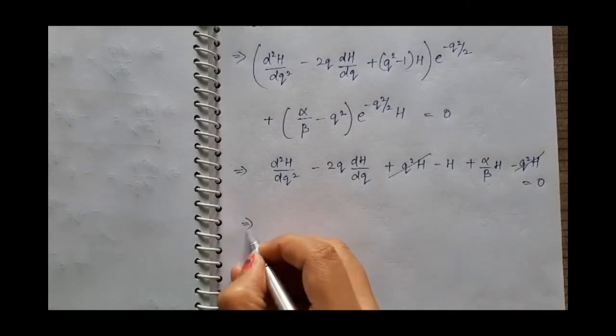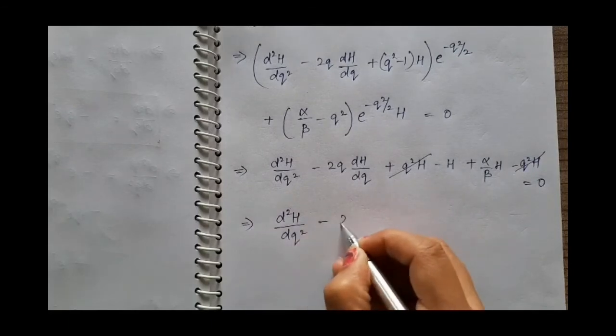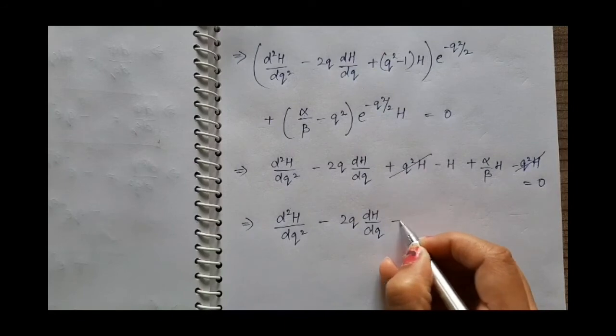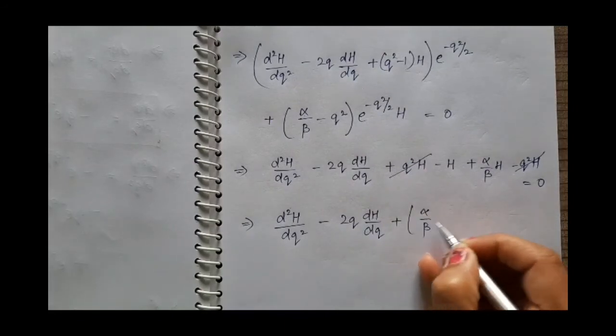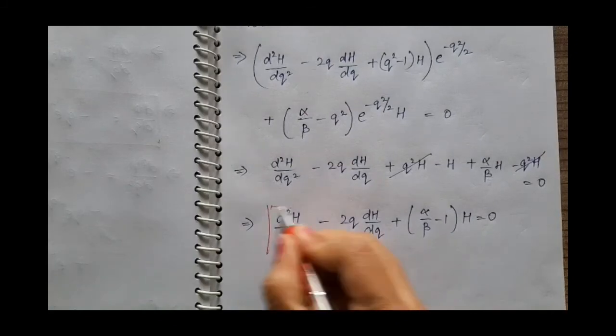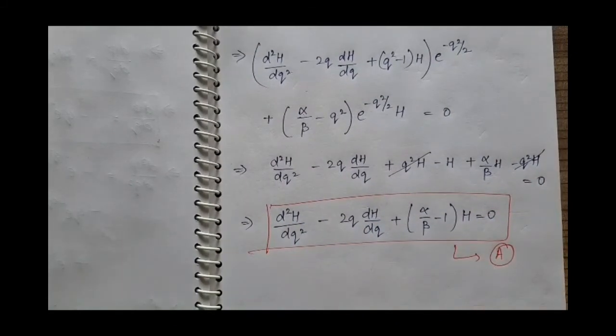So we have d square h by dq square minus 2q dh by dq plus alpha by beta minus 1 h equal to 0. Suppose this equation as A.